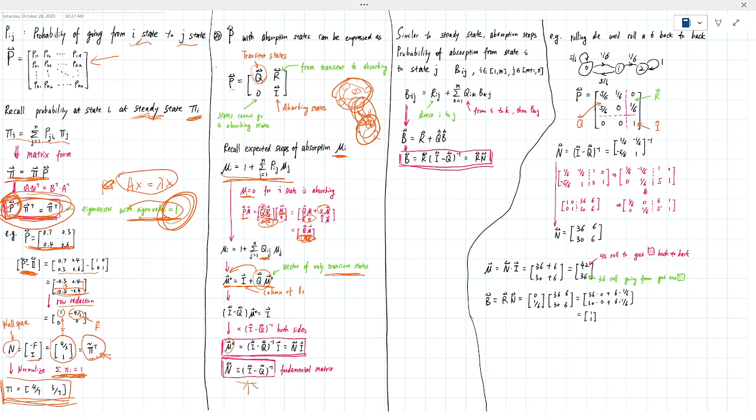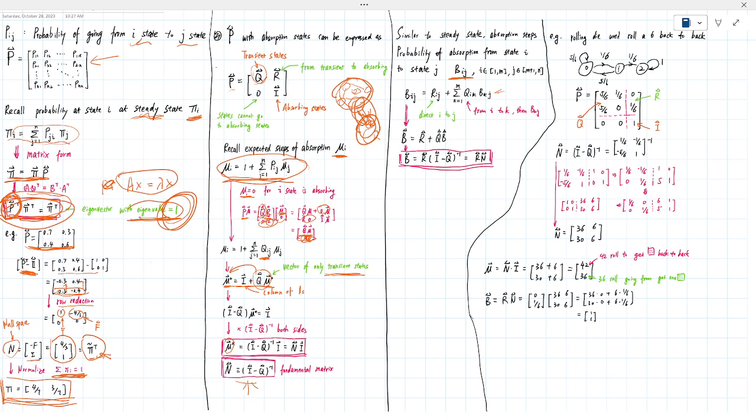Similar to the steady state, for the absorbing probability, the probability of being absorbed from state I into state j, b_ij, going from state I to the final absorbing state, is pretty much a hybrid of this and this.